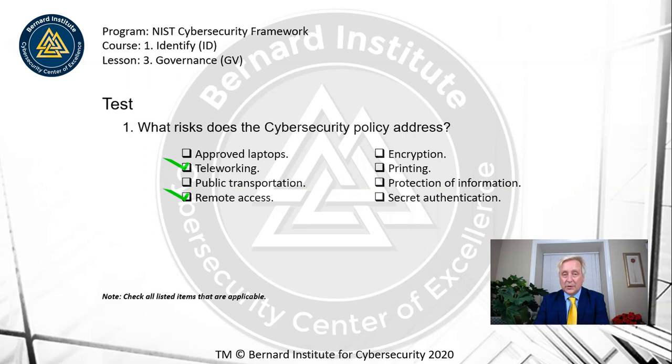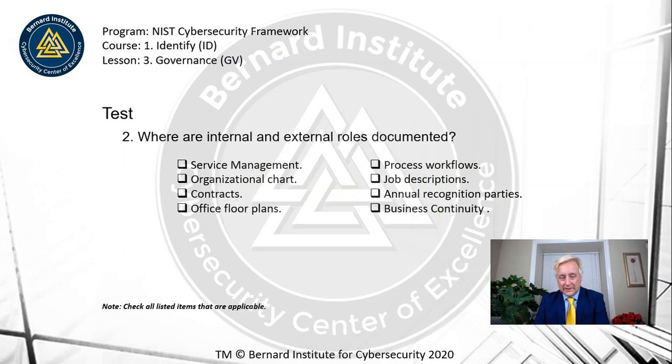If you say remote access, that's also correct. Encryption, definitely important. And the protection of information, equally important. And protection of secret authentication information, because we don't want people logging onto your account and creating mayhem, because we're going to come and ask you about it later. So you don't want that to happen.